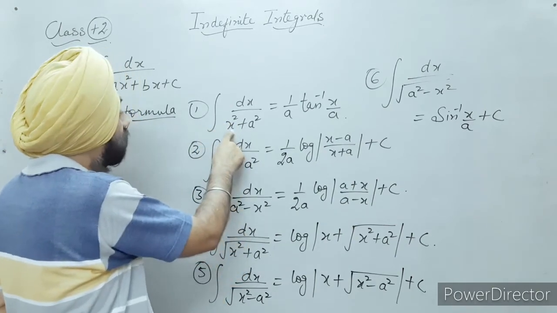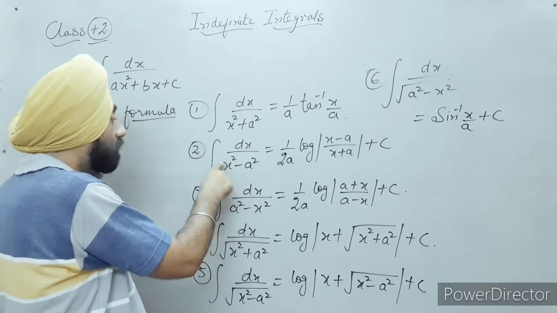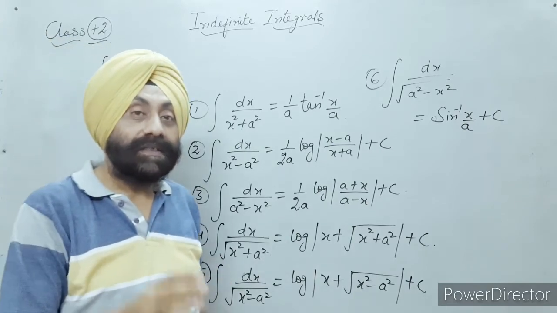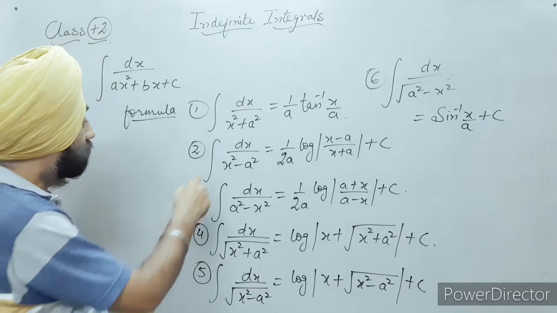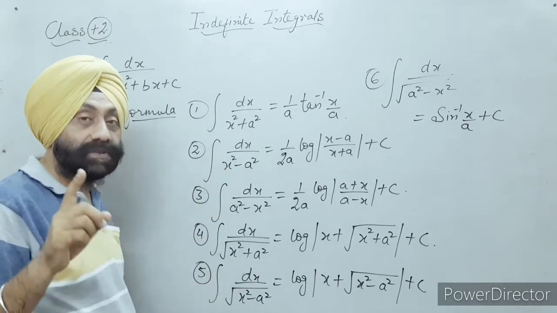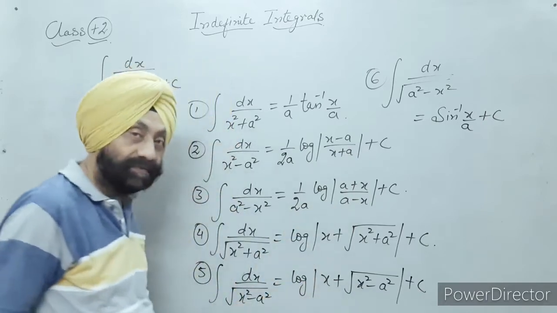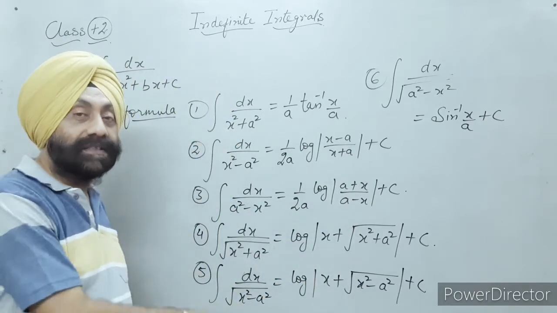Look here, it's x square plus a square, the coefficient of x square is 1. x square minus a square, the coefficient of x square is 1. If it is not 1, then make it unity. The coefficient of x square should always be unity. Then and only then these formulas will be applied. If it is not, then make it unity and then apply these formulas.